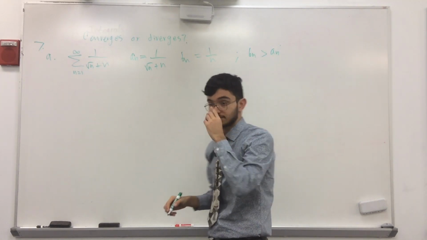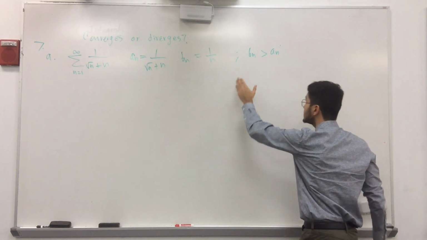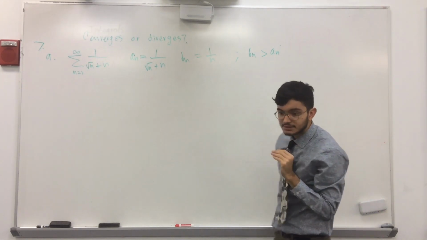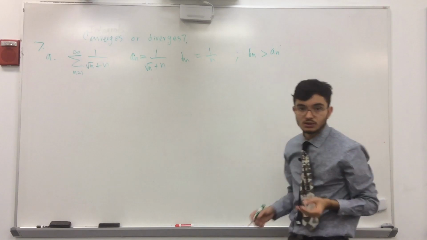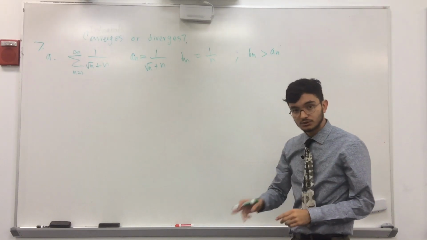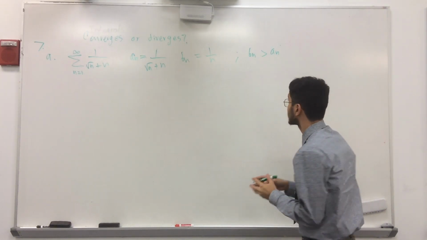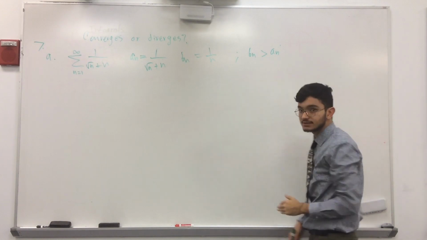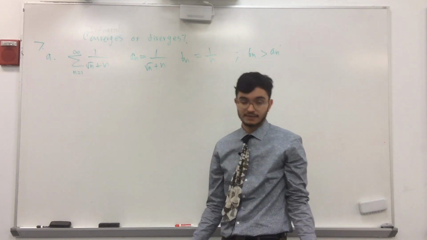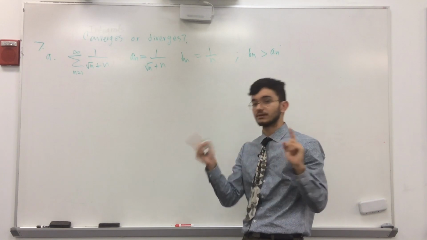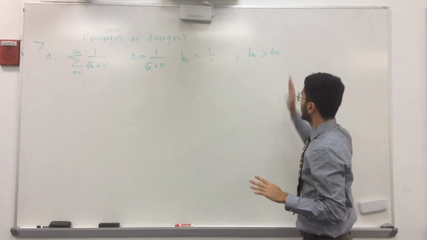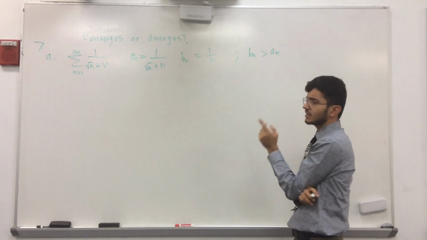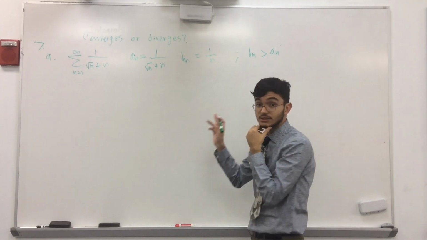From the comparison test, if the bigger series converges, the smaller series also converges. The other part of the comparison test says that if the smaller series diverges, the bigger series diverges as well. But those are two different things. We're looking at the bigger and the smaller series. So we know what the bigger series is, and we know that it diverges.